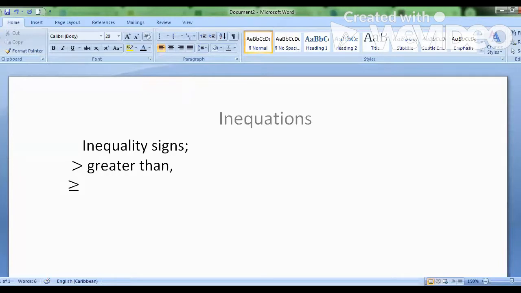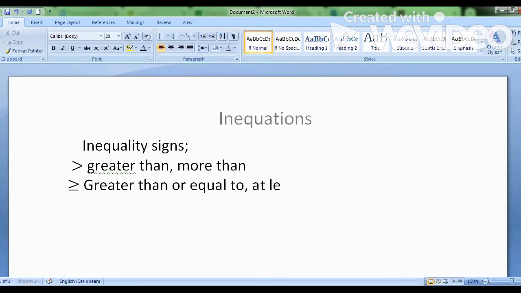Another phrase that you could use is more than. And this one is greater than or equal to, or you could say at least.